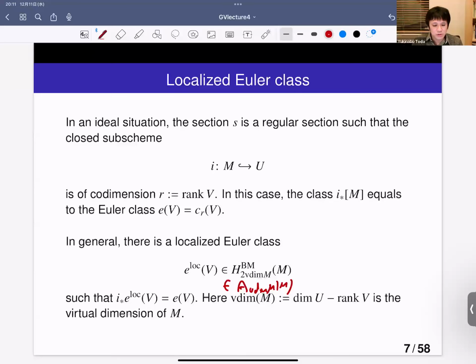So the point is that the usual Euler class lives in this ambient space, but it can be localized to here. So it is in fact coming from some class on here. And this is the prototype of the so-called virtual fundamental class.